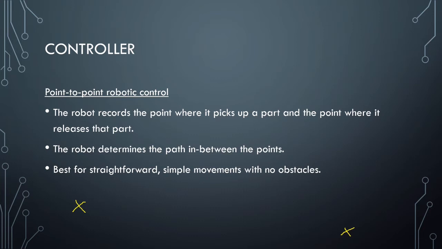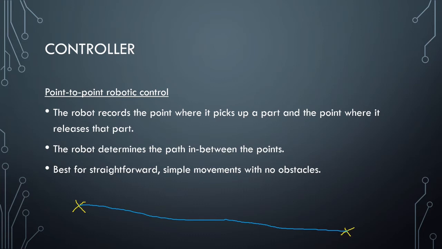The controller would figure out, usually, the shortest path. So you wouldn't see it do this. What you would see, if the robot was determining the path between two points, is that it would take the most direct route between them.